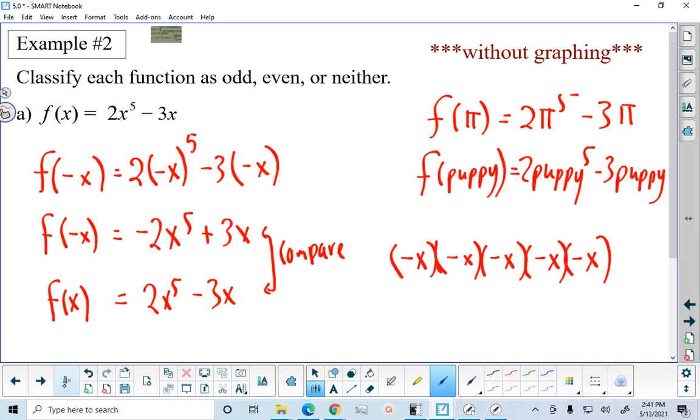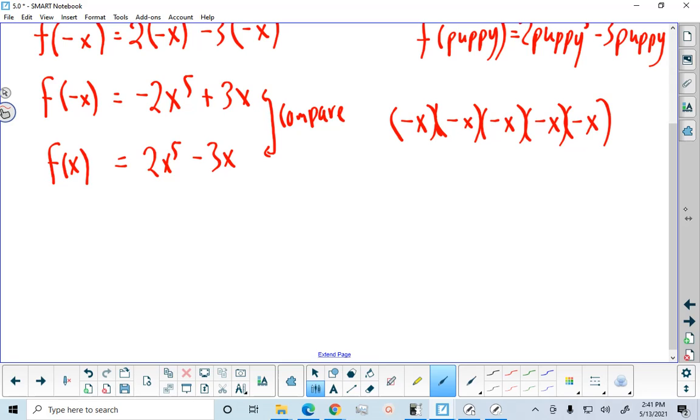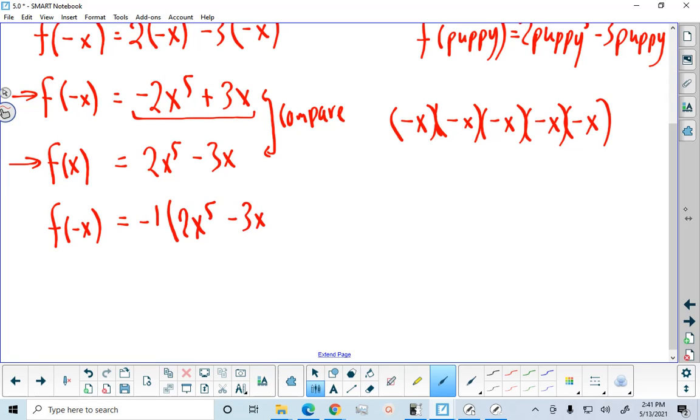Or, if I take f of negative x, and be careful, look at the notation here. This is f of negative x, this is f of positive x. I'm going to write f of negative x again down here. I can take a negative 1 out of this and be left with 2x to the 5 minus 3x.